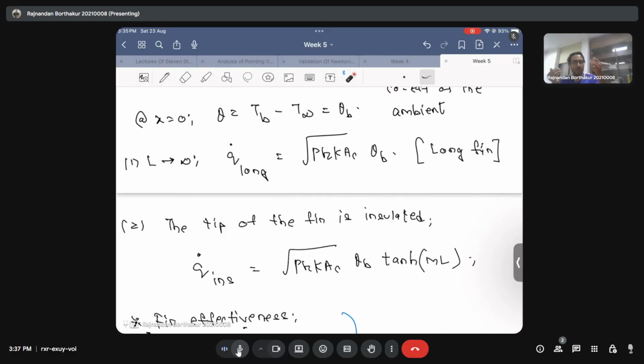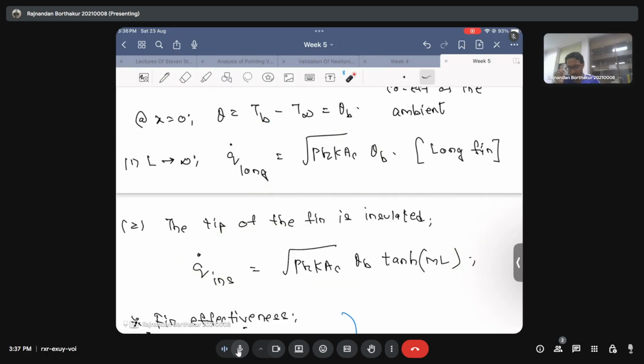For instance, if I have a long fin, that is, the length of the fin goes to infinity, this is how we get the expression for the rate of heat transfer from the fin. Then we also looked into the insulated tip boundary condition, that is, the rate of heat transfer from the fin when the tip is insulated.